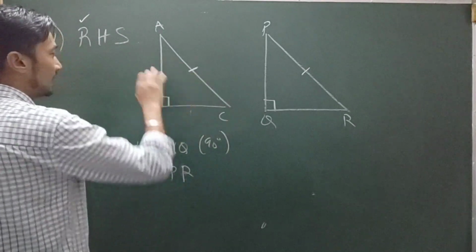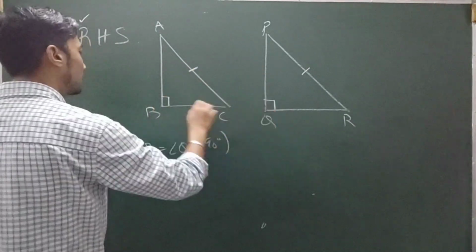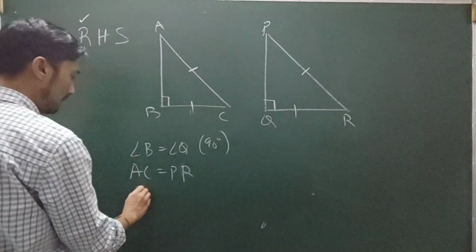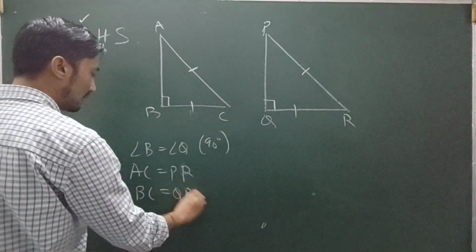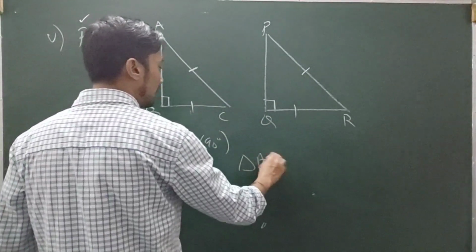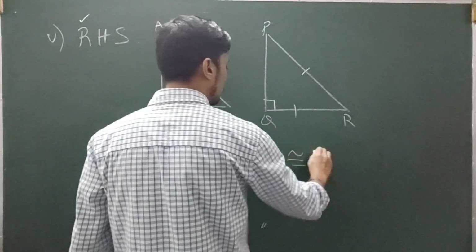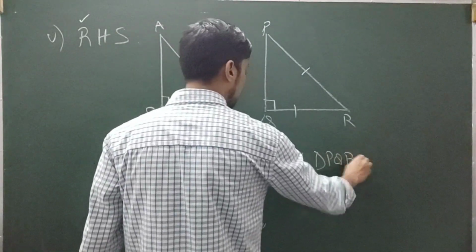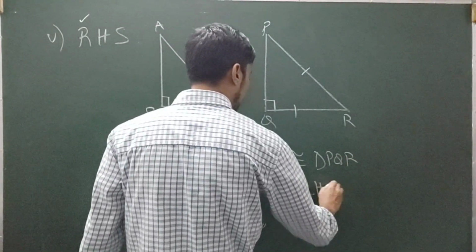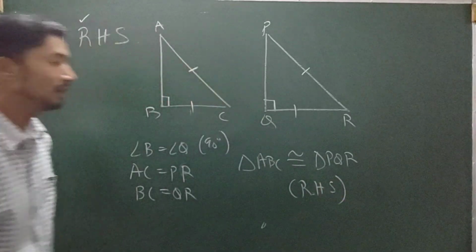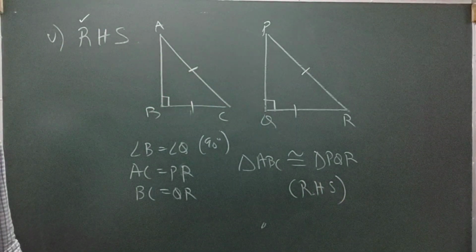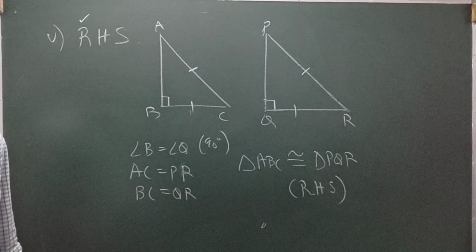And any one side, either this or this. Let's take this. So any one side BC equal to QR. Then we can say that triangle ABC is congruent to triangle PQR. That is by the right angle hypotenuse side congruency criterion.